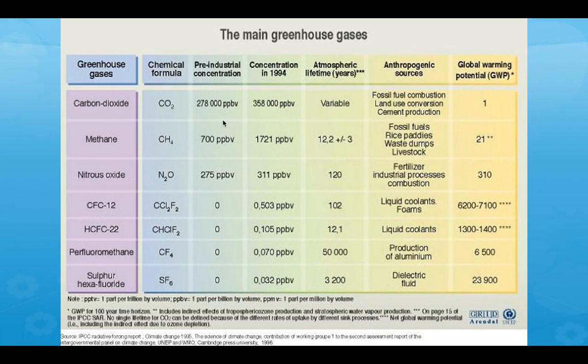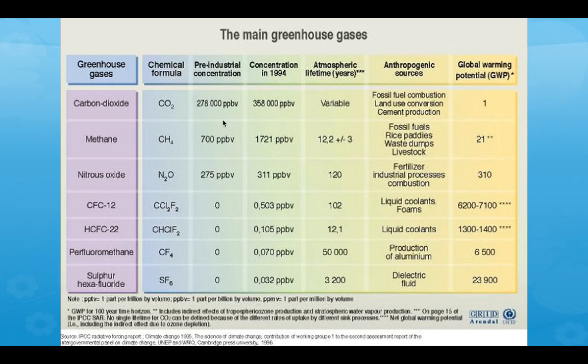And it was awesome and cool and cheap until we learned, oh shoot, it's messing up our atmosphere. And look at that GWP on that guy: 6,200 to 7,100. That's off the charts. That's a lot. That's why we outlawed them in the 90s, and we're really totally getting rid of them today because they were bad.